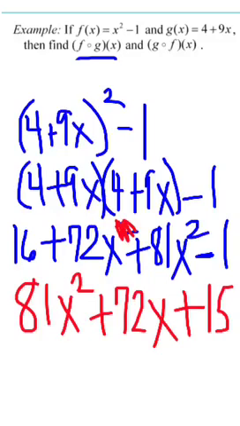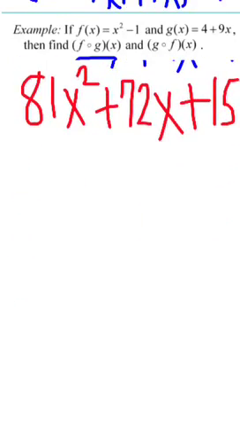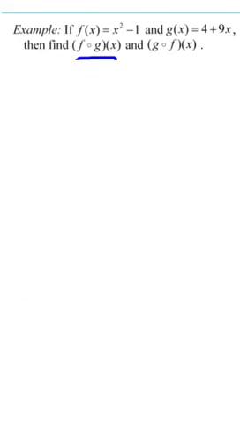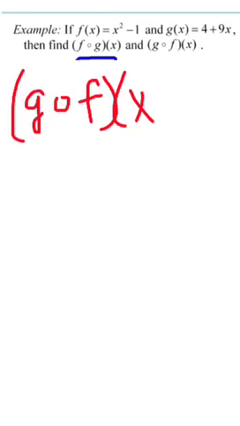Let's find the second composite function, g of f of x. To find this composite function, now you take whatever f of x is, in this case x squared minus 1, and plug all of that into the x found in g of x.